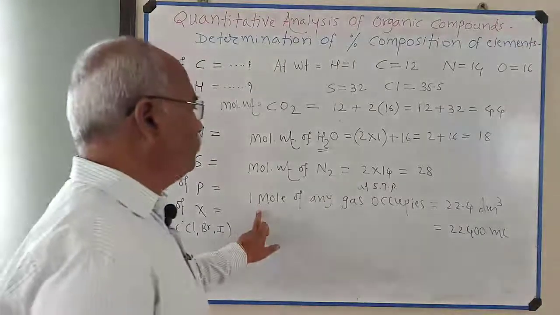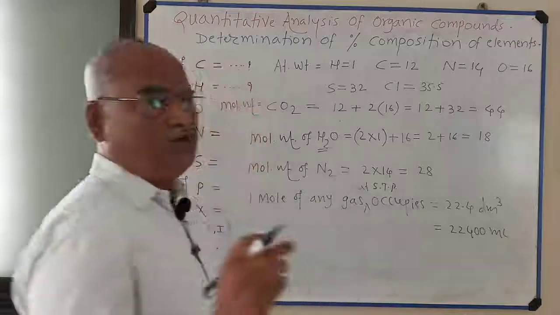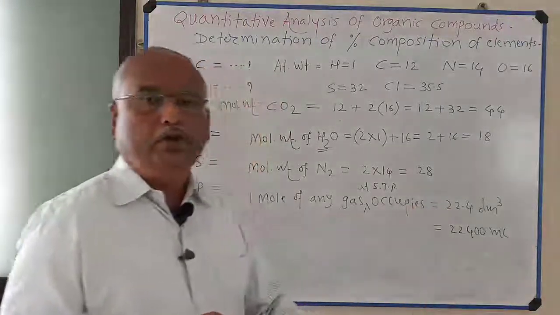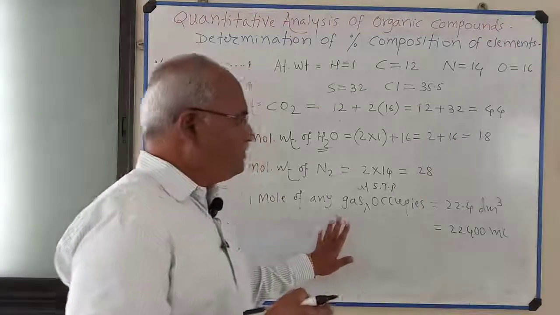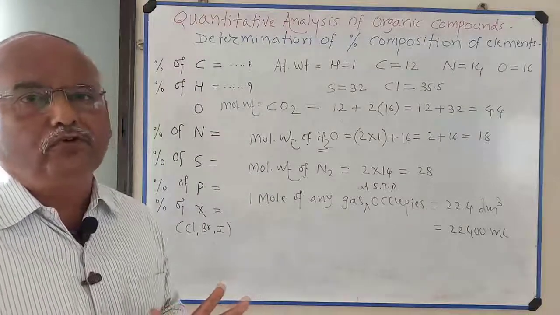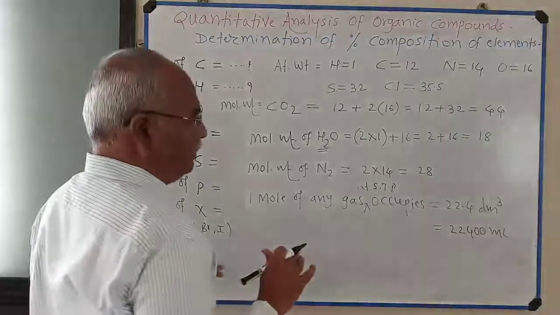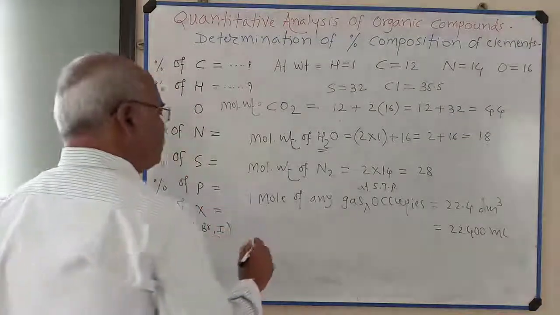So 1 mole of any gas at STP occupies 22.4 dm cube. So this is about some previous knowledge. All these things you know. If it is clear, then I want to tell you one more point.